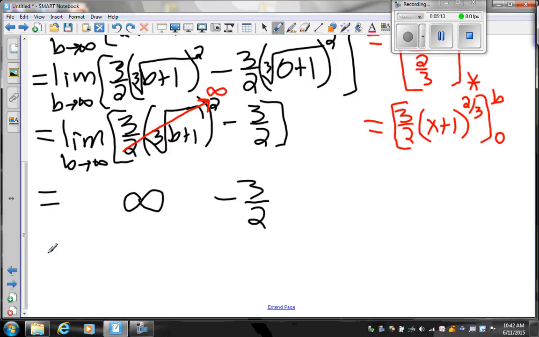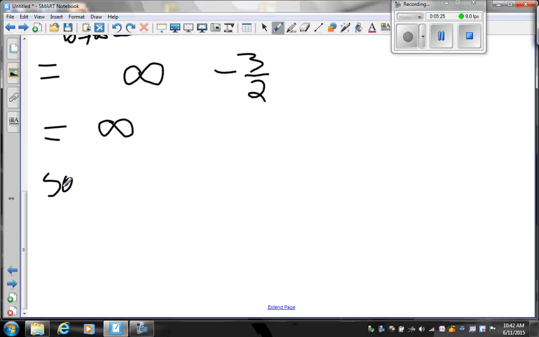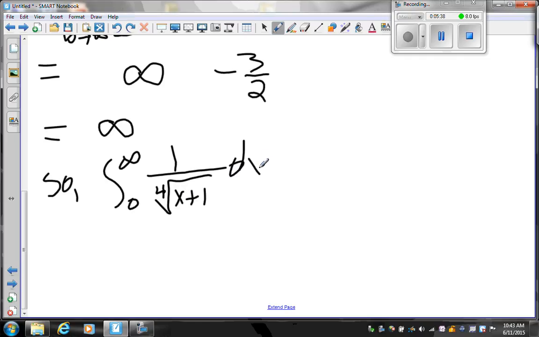So this is infinity, and when you subtract 3/2, you're left with infinity. This tells us that the limit, and hence the improper integral, diverges. So the integral from 0 to infinity, 1 over the fourth root of x plus 1 dx, diverges.